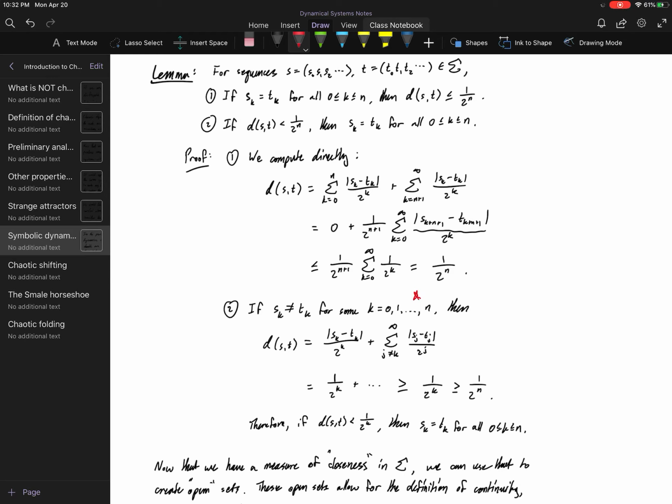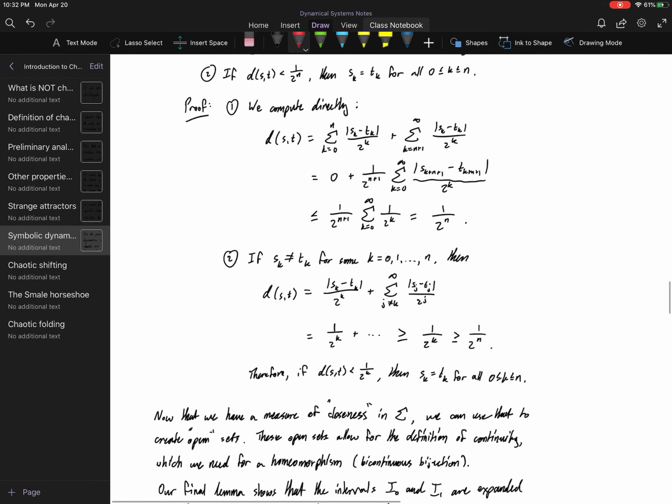It doesn't even have to be multiple entries. It could just be one. They could be off by 1. But the point is that at a particular entry here, this s_k, these sequences necessarily contribute a factor of 1 over 2 to the k to that distance. Everything else, who cares about the remaining elements?